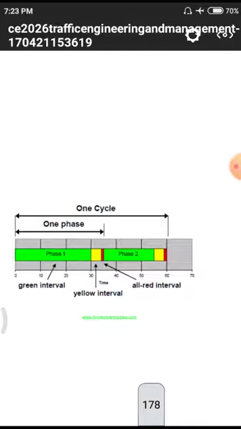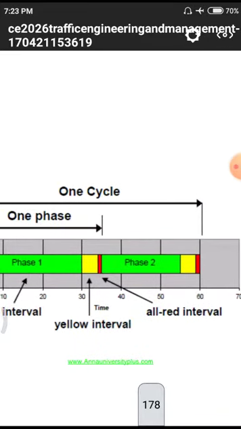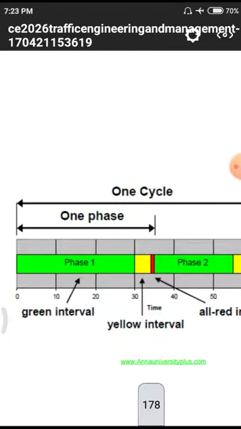That means in a particular cycle we are having phase one, phase two. Here they are indicating a 60 seconds time, so in the particular 60 seconds we are having phase 1 and phase 2. In the particular phase 1 we are having a green interval of 30 seconds, after that a yellow interval of a few seconds, that means 5 to 10 seconds.